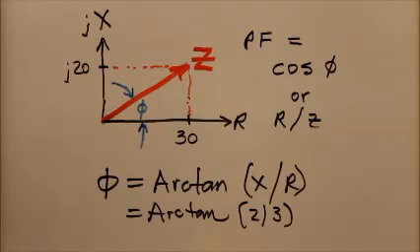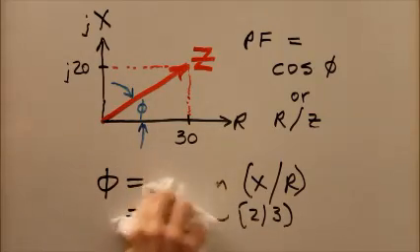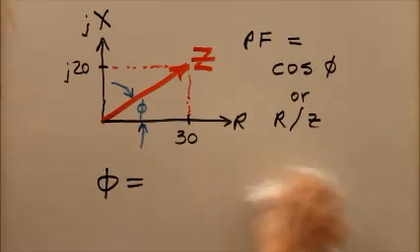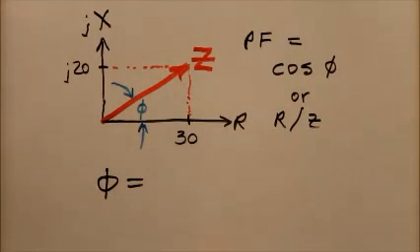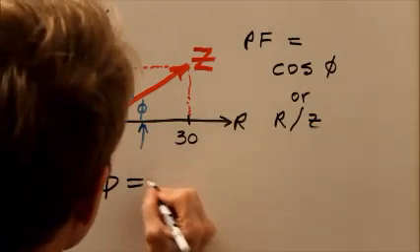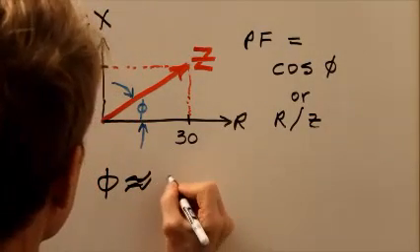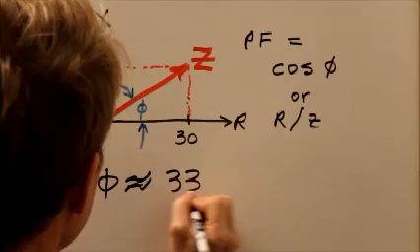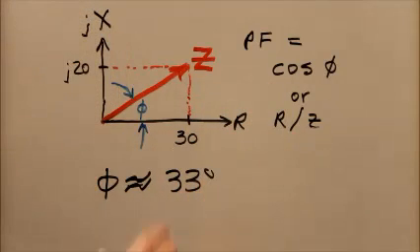If you do that, you'll get a phase angle of somewhere around 33 degrees, give or take a little bit. You can punch those numbers into your calculator. We can use a wavy equal sign. It's something on the order of 33 degrees.